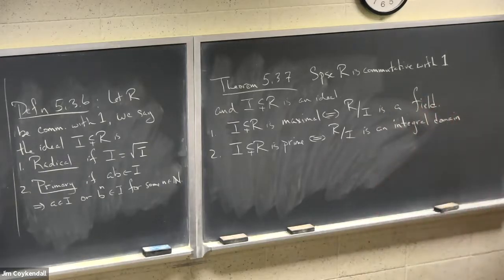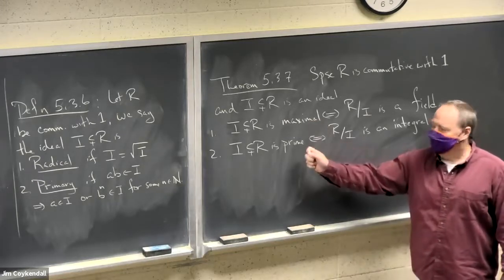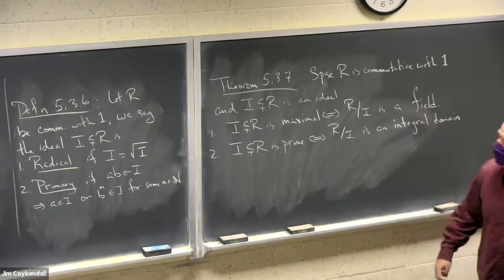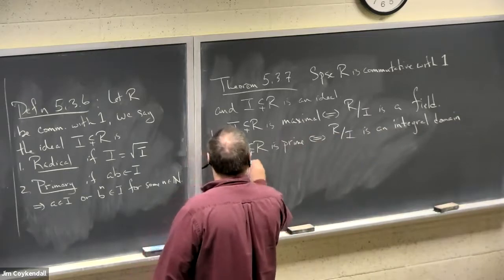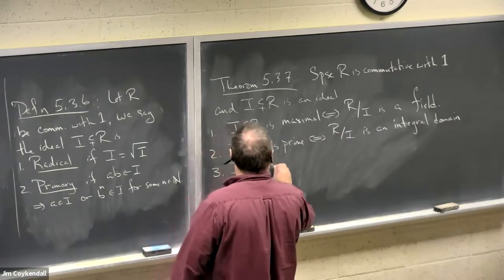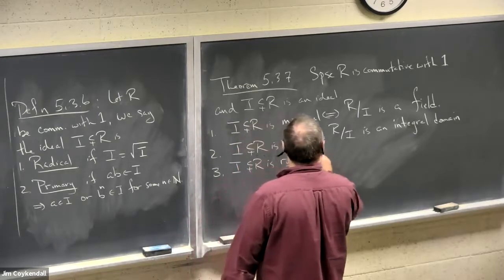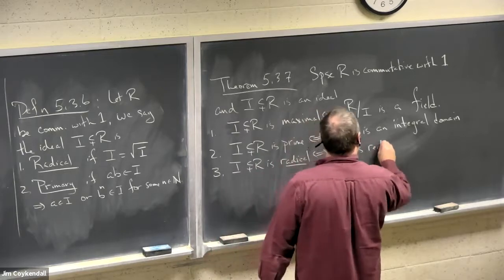By the way, with this characterization, it makes it pretty obvious that maximal implies prime, because any field has to be a domain. Number 3, I in R is radical if and only if R mod I is reduced.